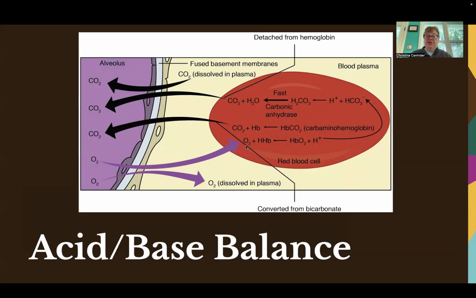We have oxygen coming to our hemoglobin, oxygen binding to the hemoglobin plus hydrogen ion, which then binds with the bicarb, which causes the breakdown of water and carbon dioxide. So it's done in the hemoglobin.